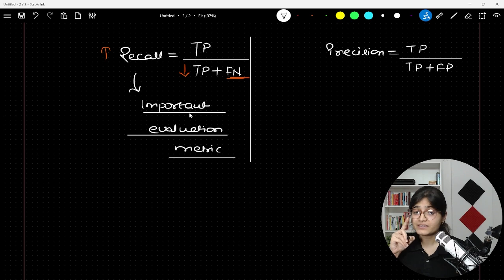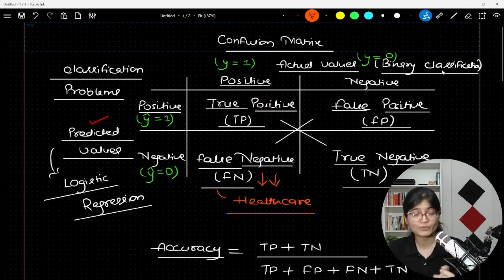Why am I saying so? Because this situation is very dangerous compared to the other type of error. Although both errors are very bad, if I have to compare FN and FP, I would say FN is more dangerous, because in this case the patient genuinely has some healthcare issue, but my model is saying he or she is fit.